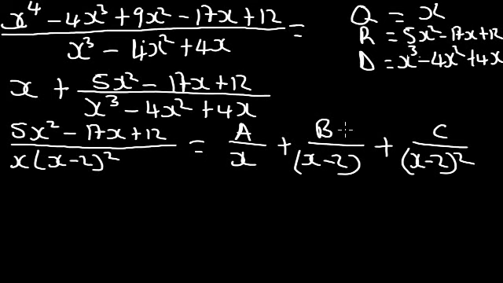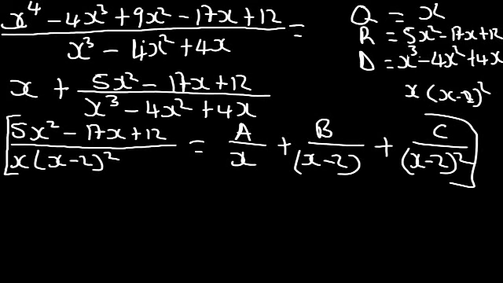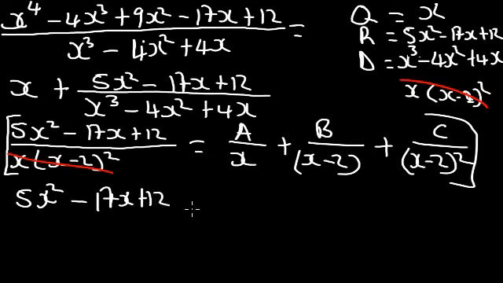Perfect. Now, just like as we have been doing, let's multiply all two by, okay, let me just write it there. Let me reduce the font. We are multiplying all two by x in the bracket of x minus 2 all squared. So for the red color, the whole term cancels out, and left over is 5x squared minus 17x plus 12.